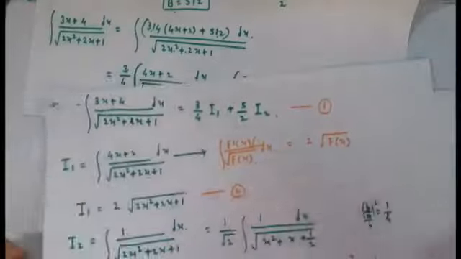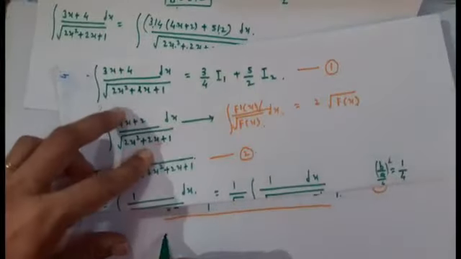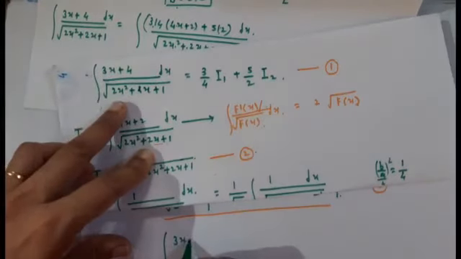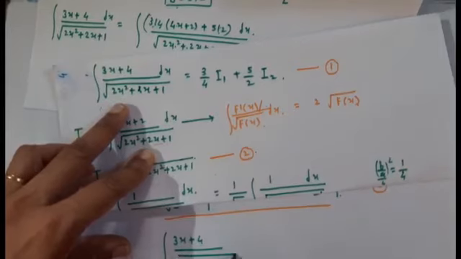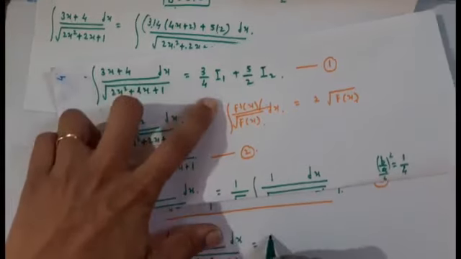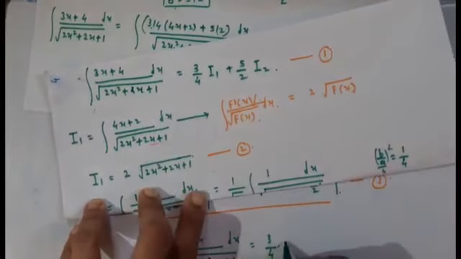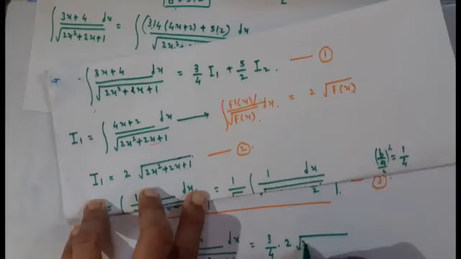We will get the integration of 3x plus 4 upon square root of 2x square plus 2x plus 1 with respect to x equal to 3 by 4 I1. The I1 we have found out is 2 into square root of 2x square plus 2x plus 1, plus 5 by 2 into I2.